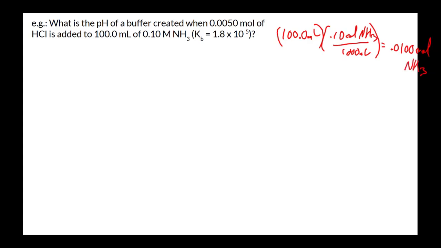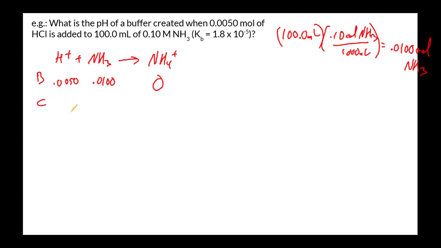Let's figure out what happens here when the acid is added. The H plus is going to react with the weak base, a one-way reaction because it's a strong acid and weak base, and that's going to give us NH4 plus ions. Let's do a BCA chart. Initially, we have 0.0050 moles of H plus, 0.0100 moles of NH3, and we don't have any NH4 plus initially.